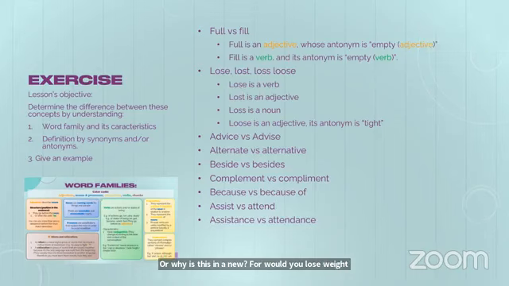Very nice. Now what about lost as an adjective? What is the opposite of it? Lost is an adjective.